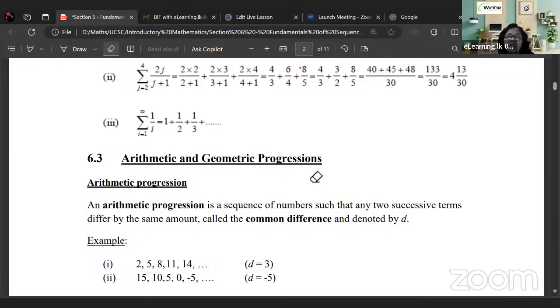If the difference between any two successive terms is equivalent, we call it an arithmetic progression.